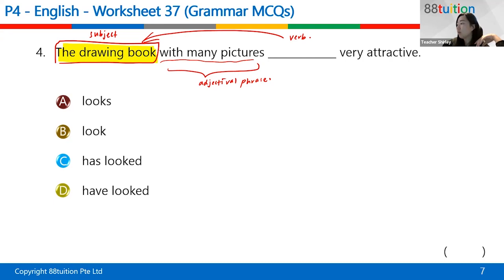So the drawing book with many pictures looks, because the drawing book is only one, so it's singular. Looks very attractive. So the verb agrees with the subject. Answer is A. Again, the last two are your perfect tense, so it's not suitable for this question.